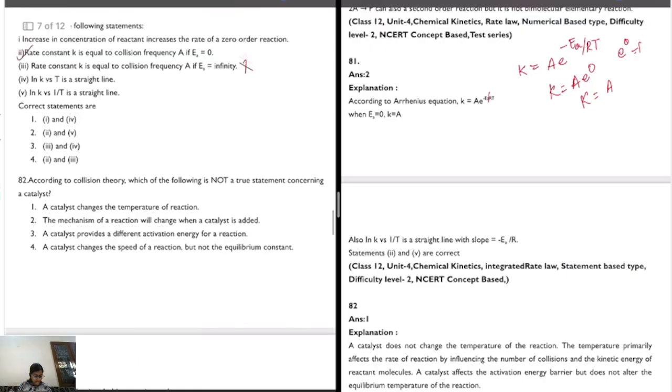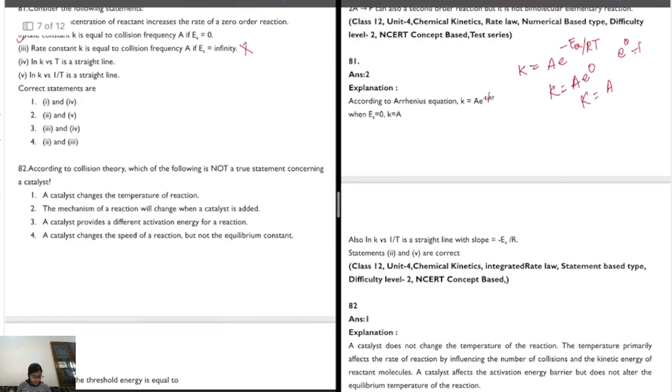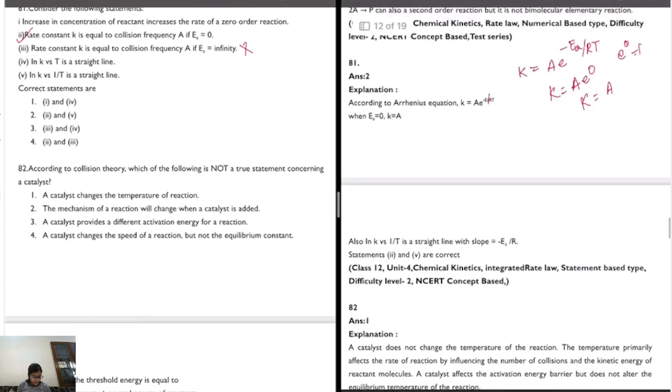In the next, we see that ln K versus ln T is a straight line. Now let's take ln on both sides of this equation. So it would become ln K equals ln A minus EA by RT.